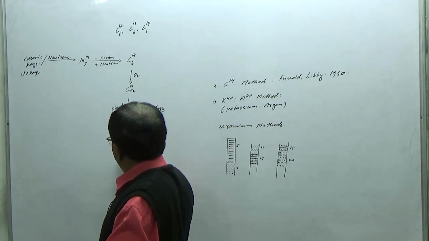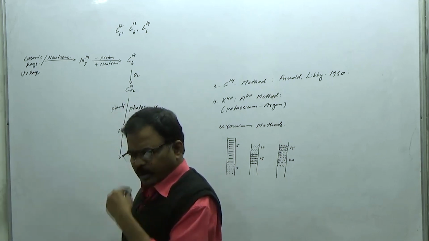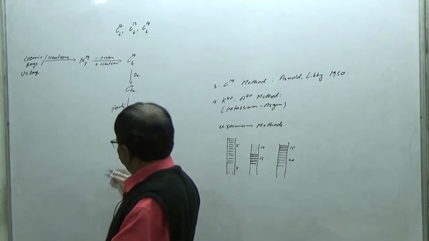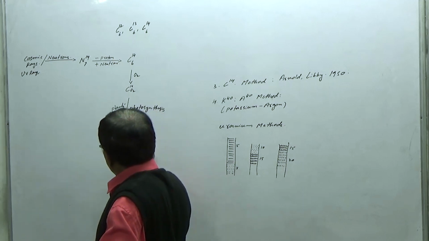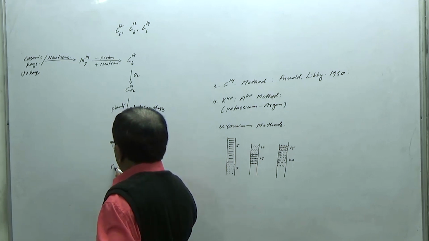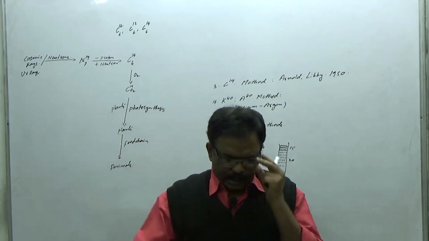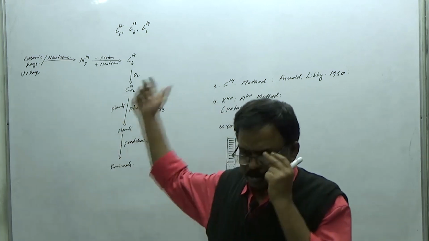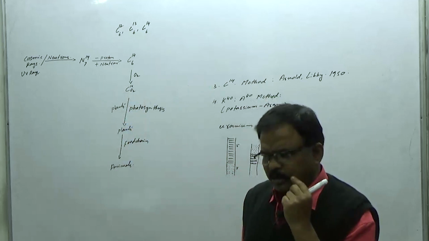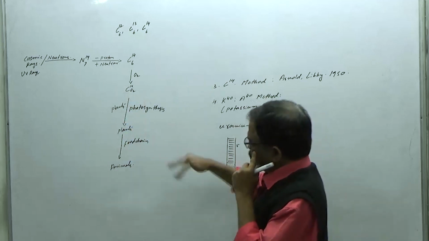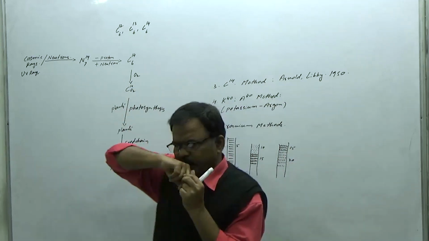Then all herbivorous animals eat this. Then through the food chain it enters into animals. Herbivorous animals directly eat the plant material. Carnivorous animals eat those herbivorous animals.